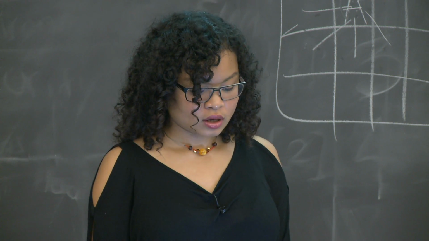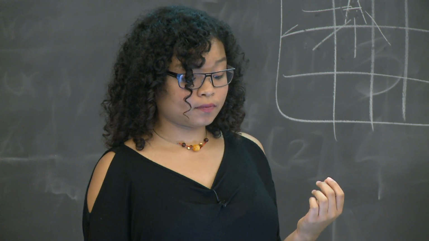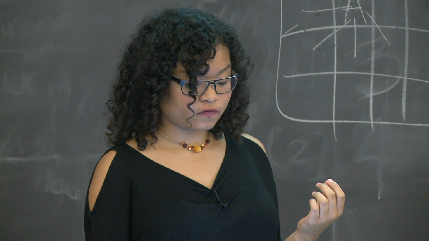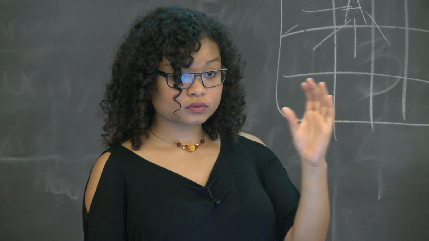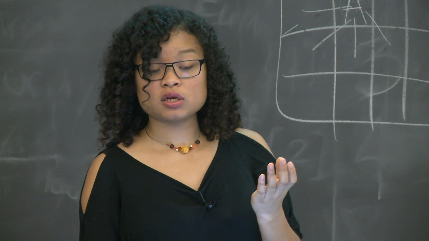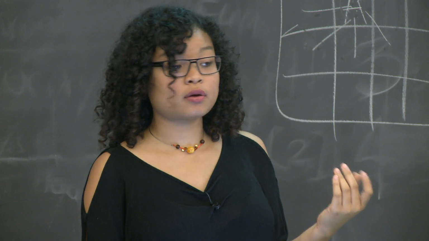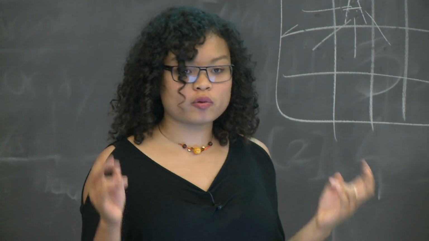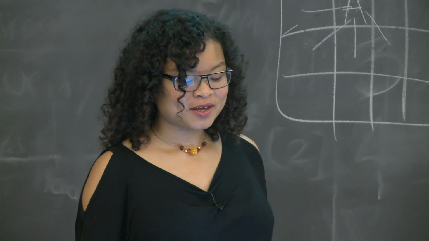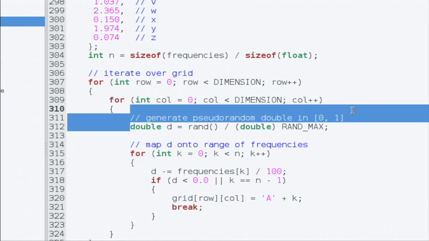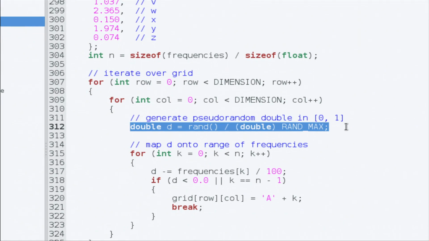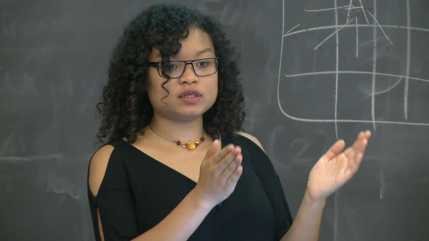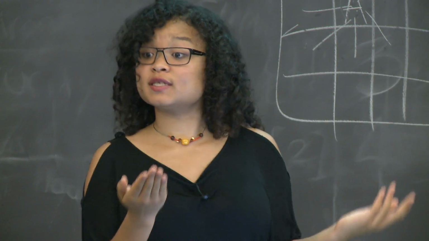All right. So now for every element in the grid, we want to make a letter, and this is going to be pseudo-random. So random, but not quite. We set a new double with a random value between 0 and 1. Based on that, we're going to map it. Say that D is set to 0.6, for instance.